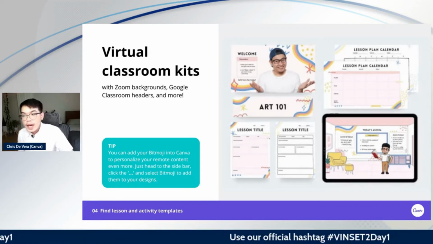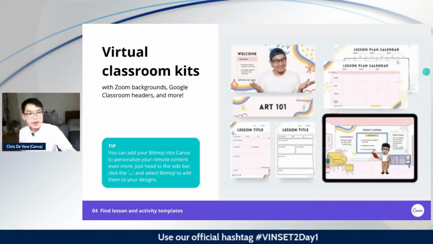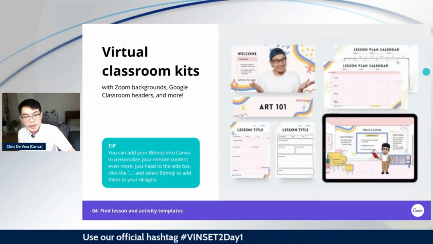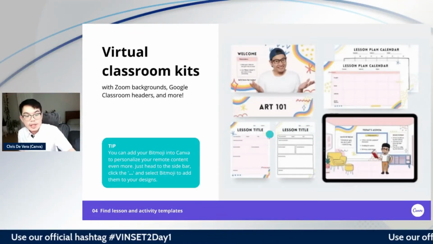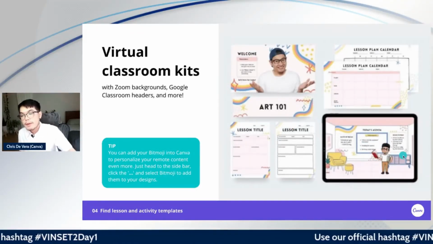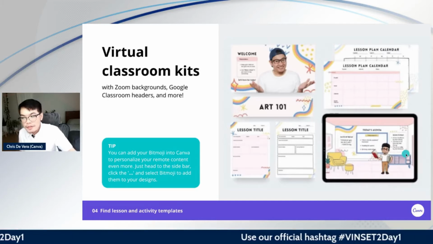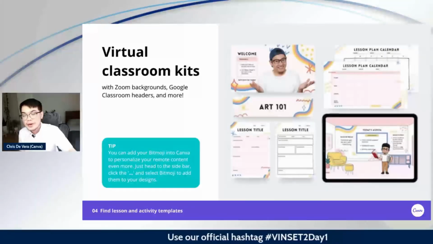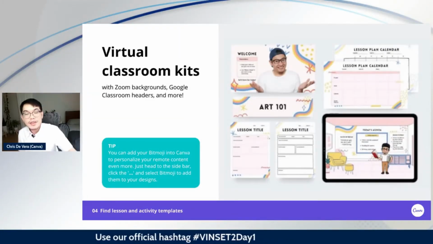You can also add Bitmoji. So if you can see here on the bottom right, see cartoon teacher, that's a Bitmoji that was made directly in Canva. So I think many of you love Bitmoji. I see it used a lot in my community. And of course, it's very cute. It's very nice.